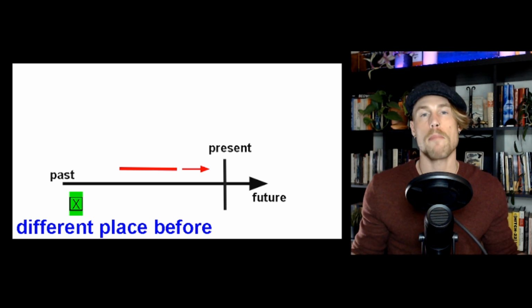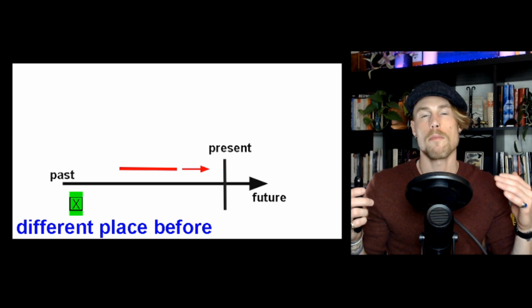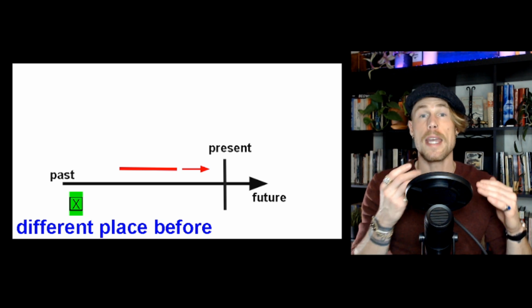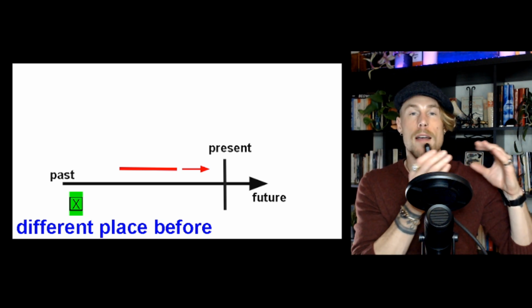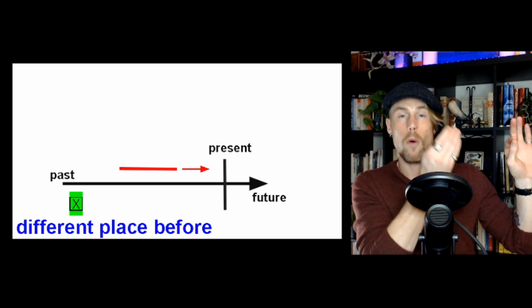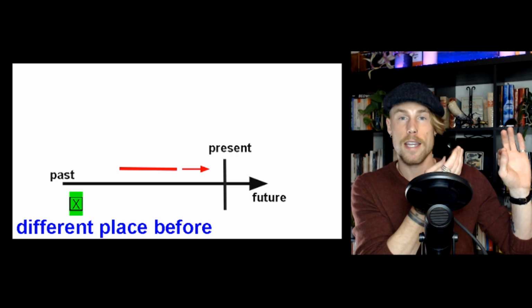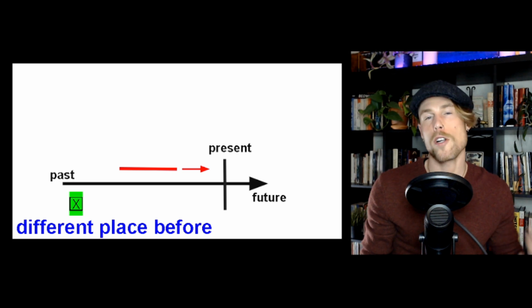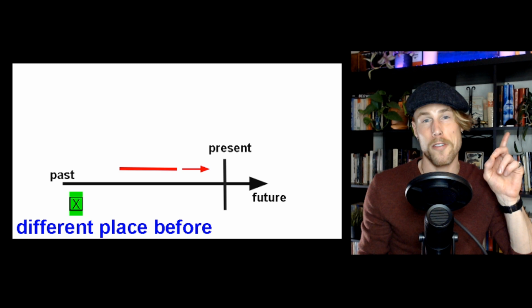So with past perfect, the past perfect is used to talk about the past in the past. So something that happened before something else in the past. Watch my video about past perfect here.